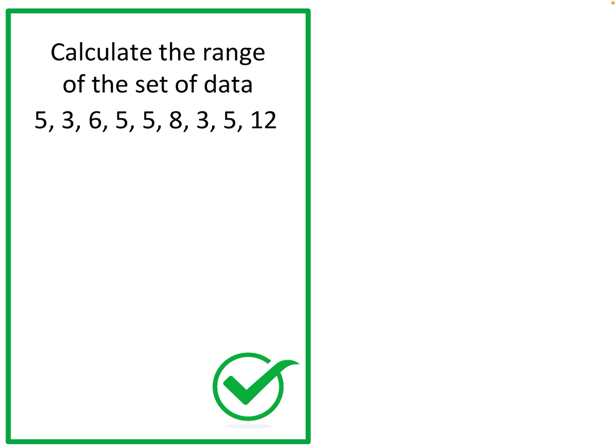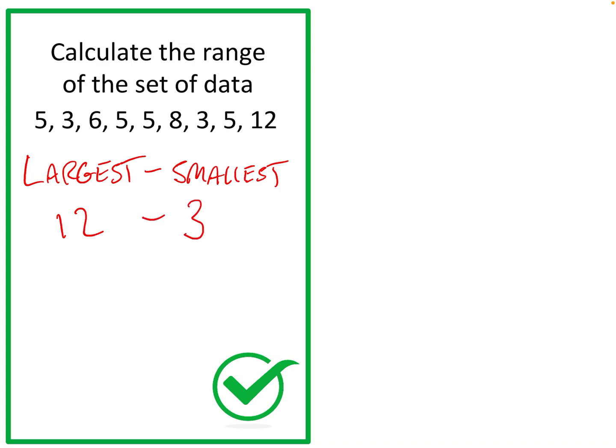So remember, I am doing the largest subtract the smallest. So in this case, I have 12 subtract, and the smallest we said was 3. And if I do 12 subtract 3, I get 9.